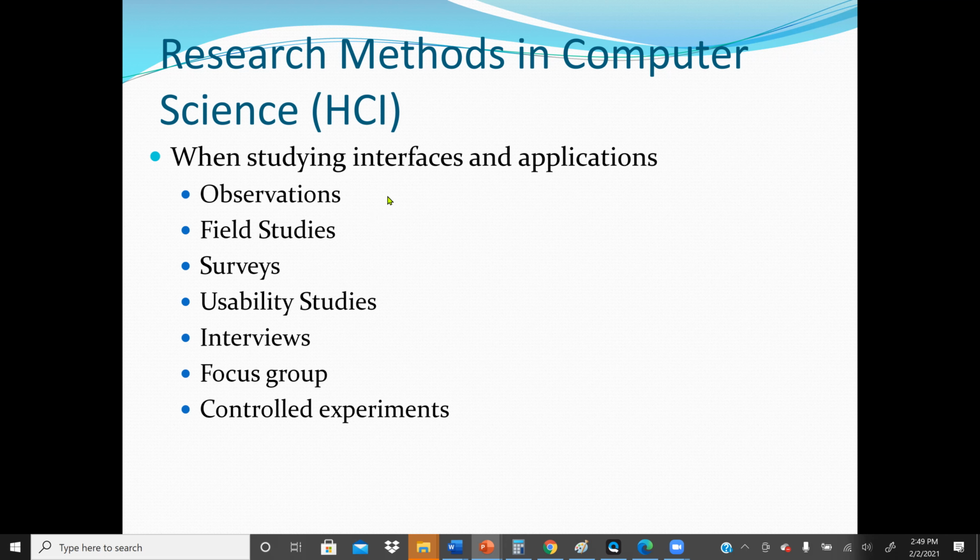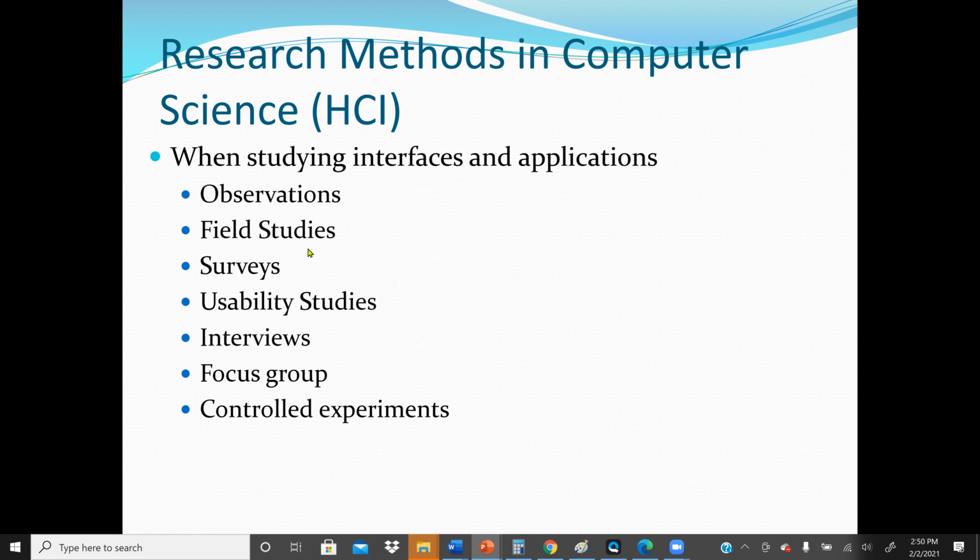Here we are trying to explain it in terms of computer science applications, but we know in the medical field it is the same thing. We can give patients some medicine and observe them for some time to see how the medicine is going to react in their body, etc.